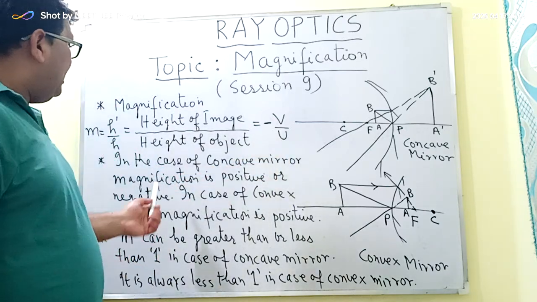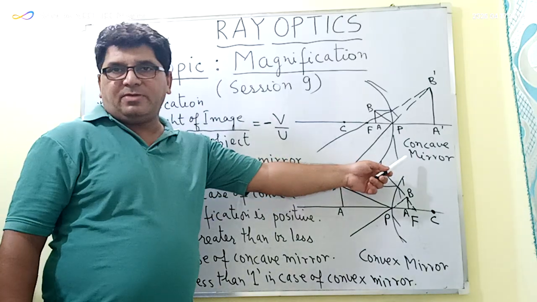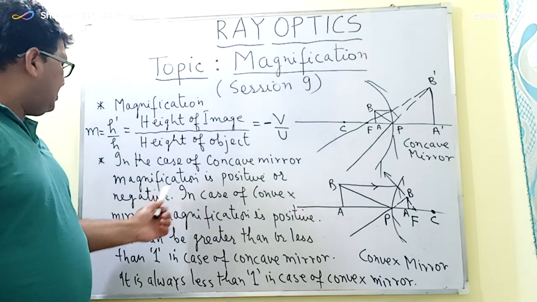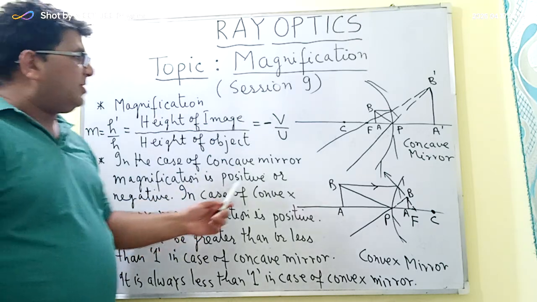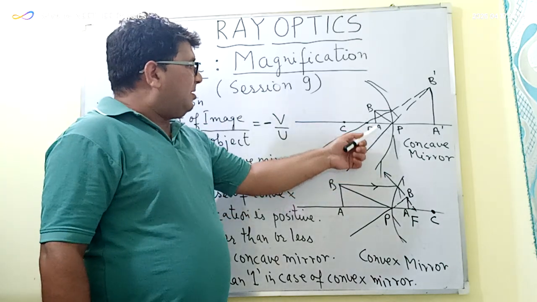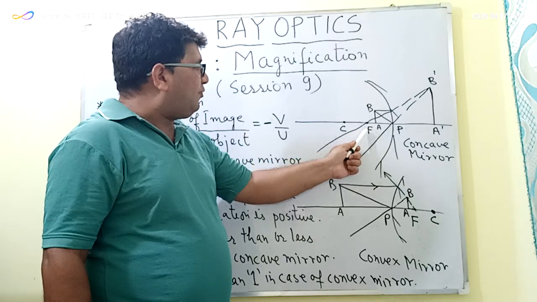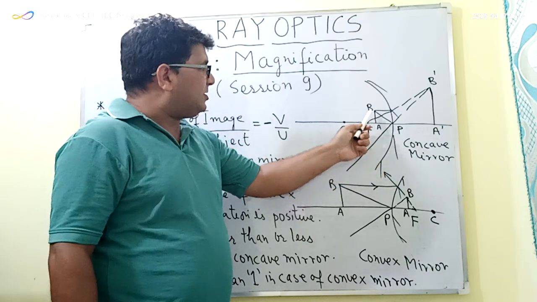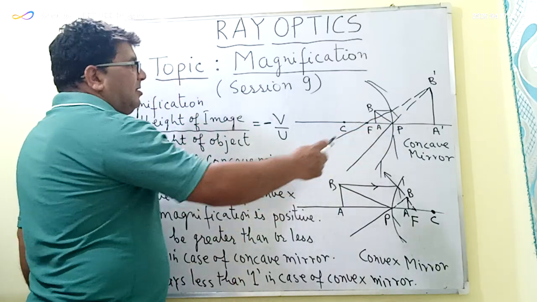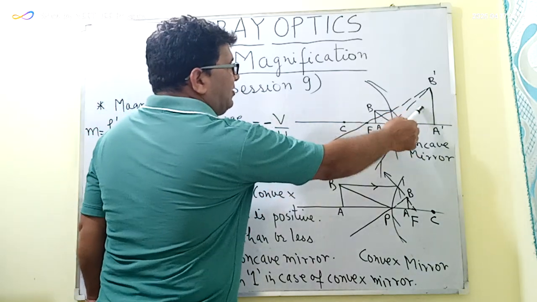Now in the case of the concave mirror, so this is the concave mirror, the magnification can be positive or negative. Now here I have drawn one diagram in which the object is placed between the focus and the pole of the mirror. So in this case I am getting the image which is erect and virtual.